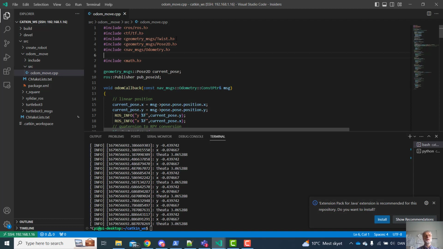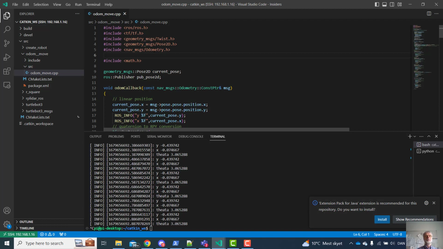And there is also a library called Pose2D. Pose is about the x, y, and angle coordinates in one plane, therefore 2D. And then the navigation message, because the odometry is publishing data.